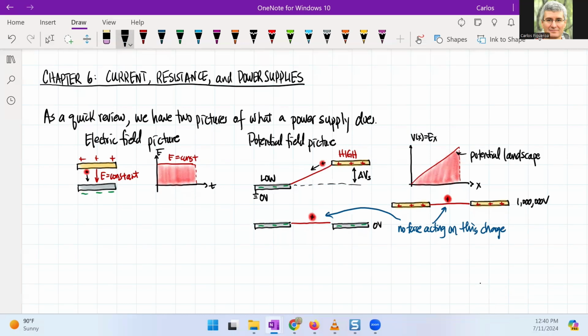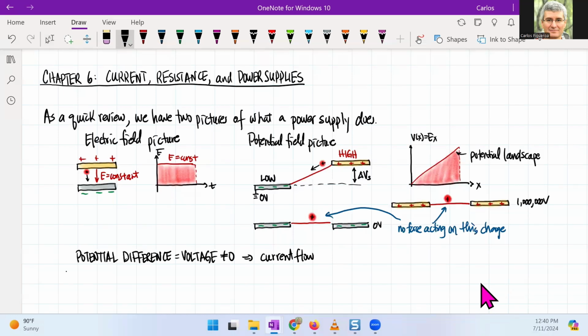So in summary, we say this: if we have a potential difference, that implies that the voltage is not equal to 0. As a consequence, we have charge motion, which means that we have current flow.